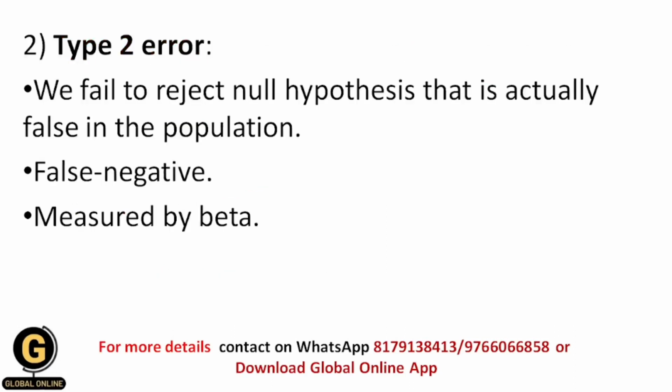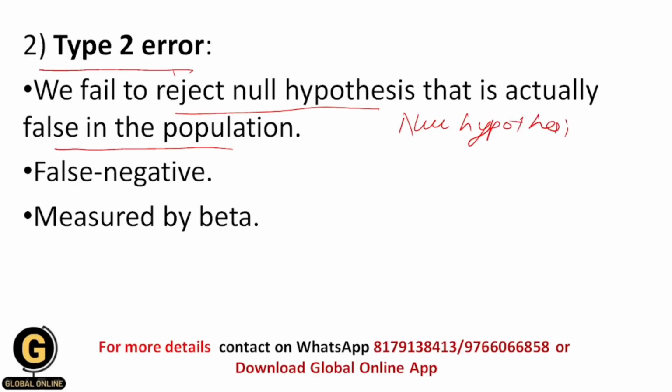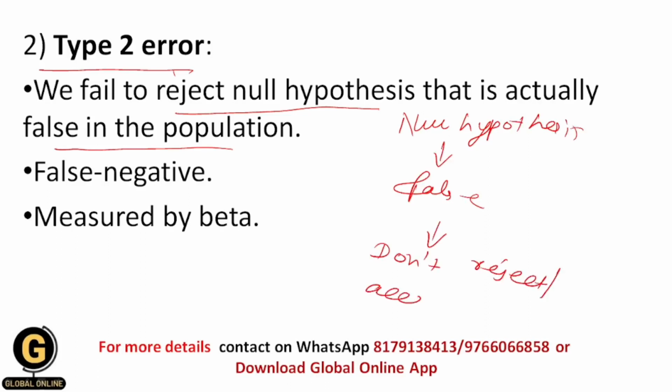Now next is type 2 error. Type 2 error occurs whenever we fail to reject a null hypothesis that is actually false in the population. So we have a null hypothesis, and it is false, but we don't reject it, or we accept it, then we do the type 2 error.